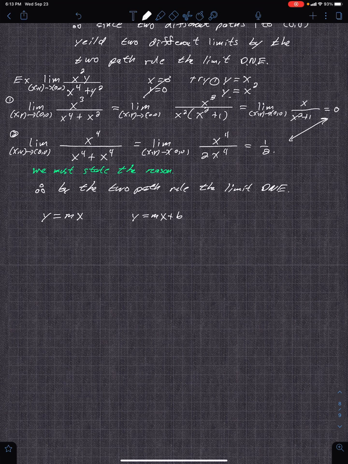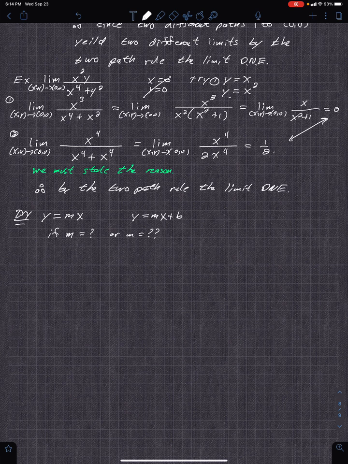So you can conclude if m equals something, or m equals something else, you get two different limits. So that's another way to approach 0, 0, and it may not work in this case above. It depends on what the function is. But that's another thing to try.